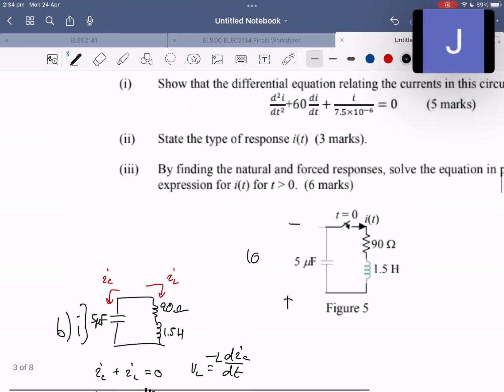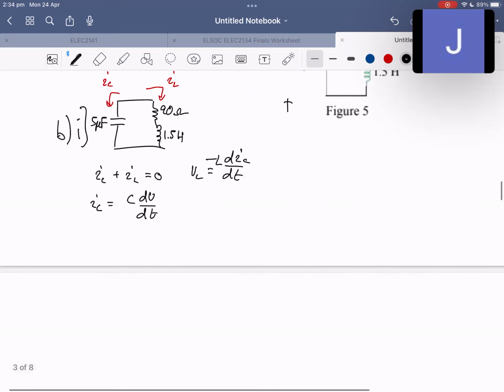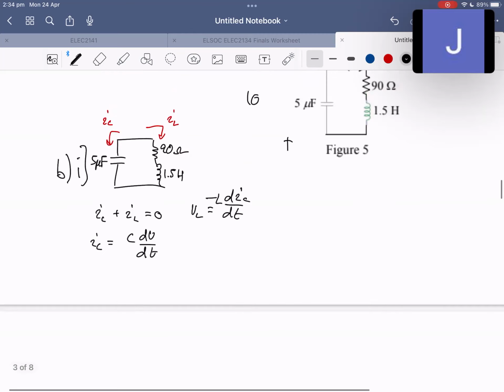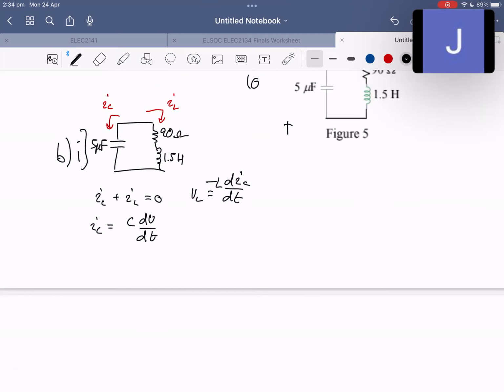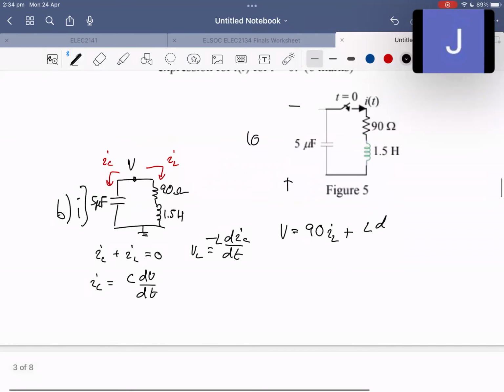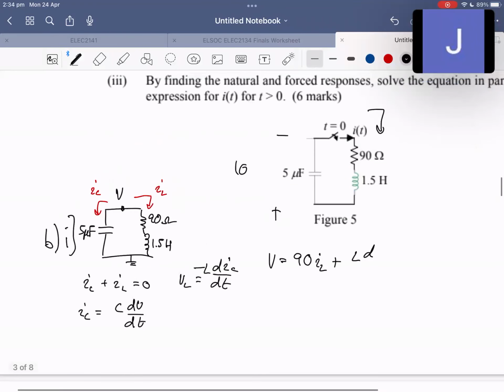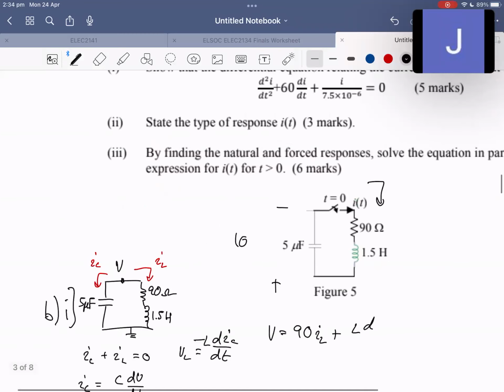Okay, so what can I do? Once current, what I can do is I think I can find the voltage here, and I can do so V equals 90 times IL plus the voltage across the inductor, which is L. I'll stick to IL here because that's what they're calling it, and it's going clockwise.